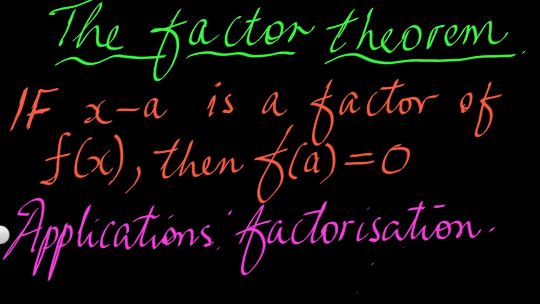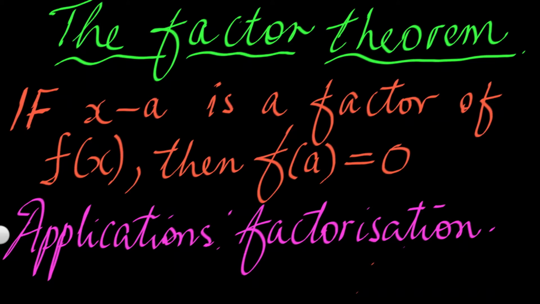So if you understand the remainder theorem, you will not struggle to understand the factor theorem, because the factor theorem is essentially the remainder theorem for a case where the remainder is equal to 0. So I'm just going to explain how you can prove that a certain function is a factor of another function.